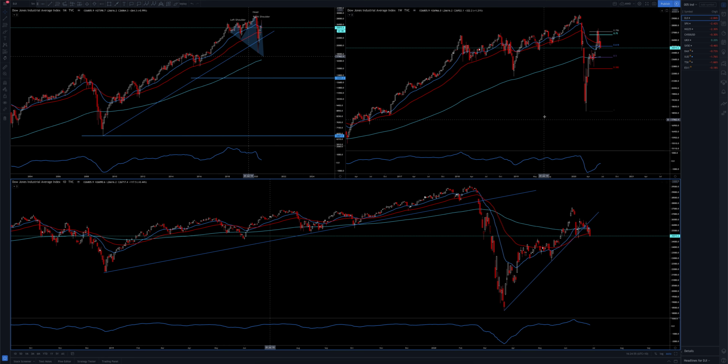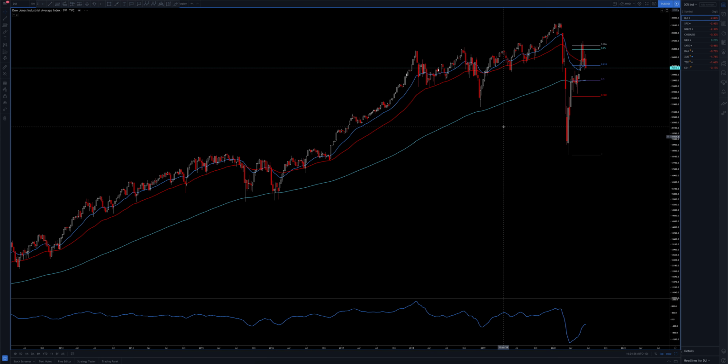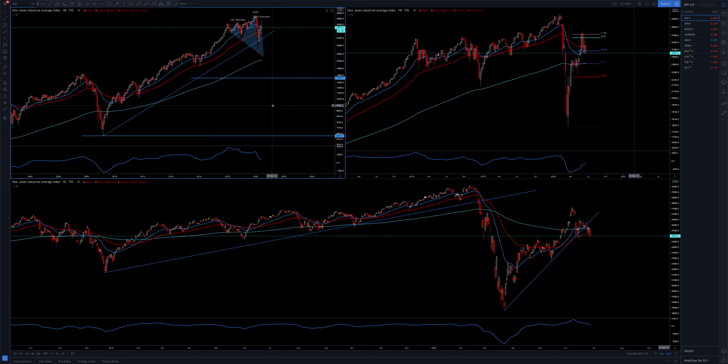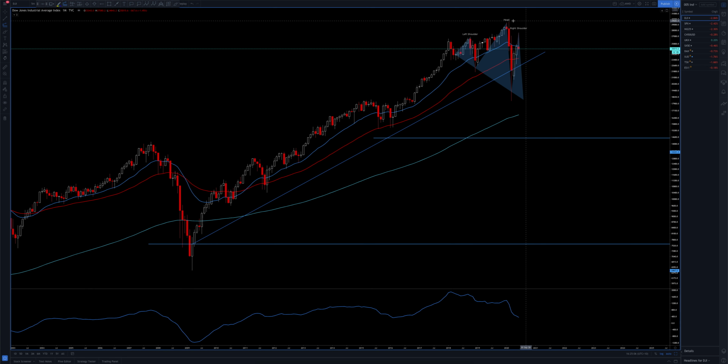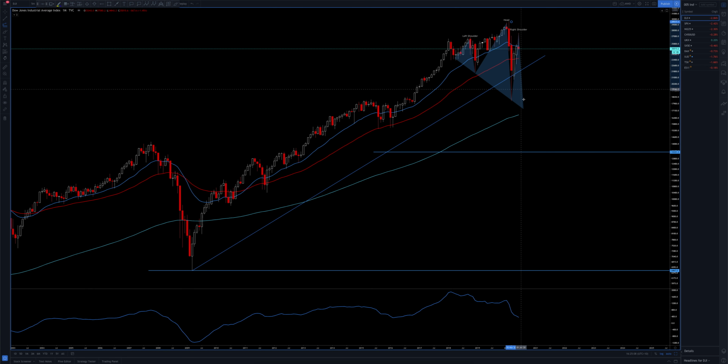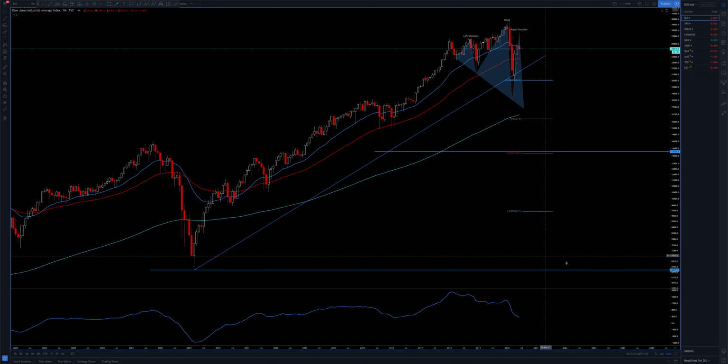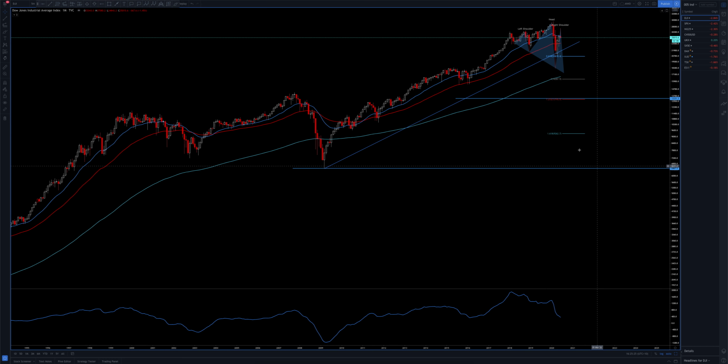So if we draw in some Fibonacci extension targets, which I'll actually draw on the monthly chart to make it a bit easier and clearer. If we draw the Fibonacci extension on there, you draw it from the top of this wave to the bottom, and then to the pullback, and you see it perfectly lines up.